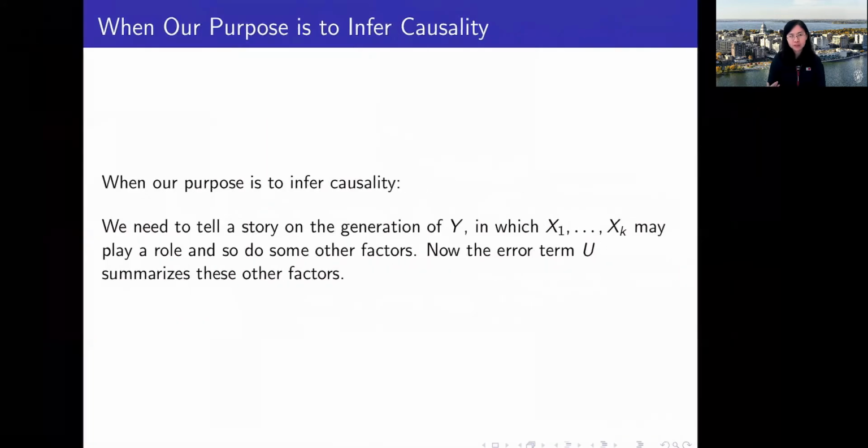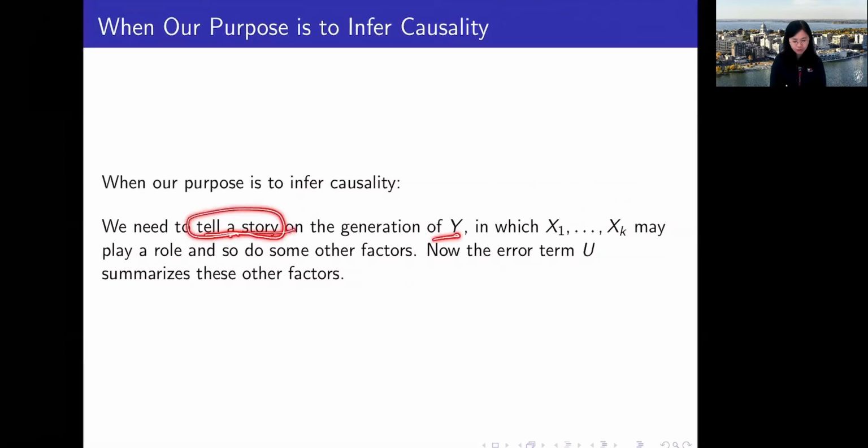If our purpose instead is to infer causality, so instead of just trying to describe the conditional distribution of y given the x variables, we want to study the causal effect of the x variables on y. If that is our research purpose, then we're going to need to tell a story about how y is generated.